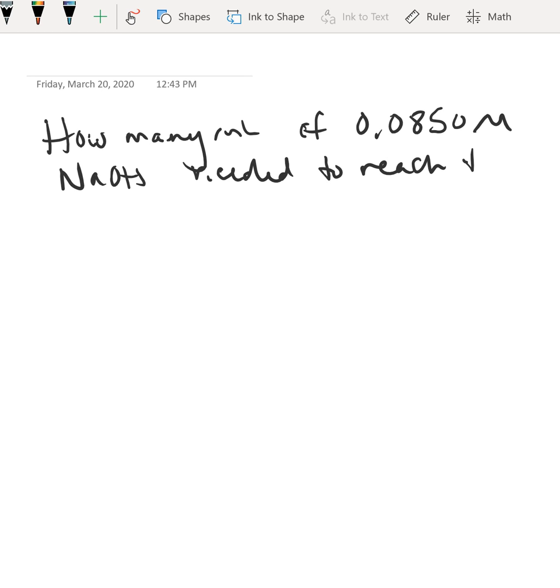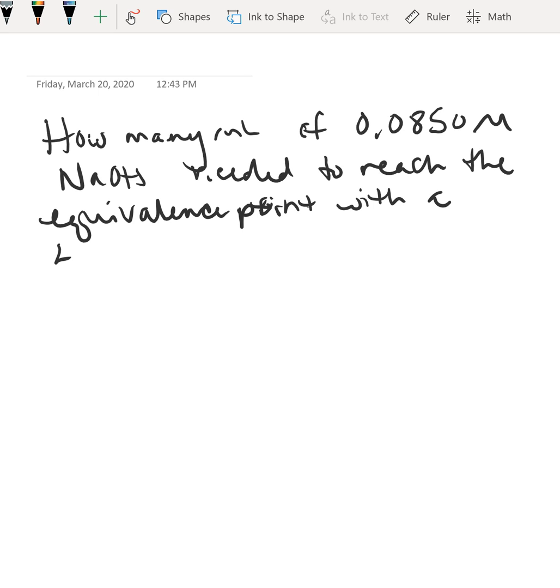So, needed to reach the equivalence point, with, we'll do 40.0 milliliters of a 0.0900 molar HNO3.